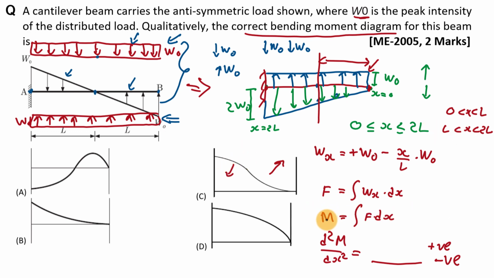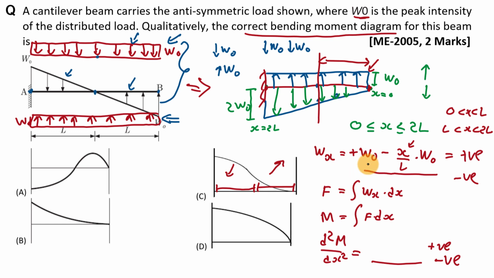The double differentiation of the bending moment equation will be this term, and you can put values in this expression. Between 0 to L you get a positive value, so in this interval the curvature is upward, and between L to 2L you get a negative value, so the curvature of the bending moment diagram will be downward in this interval.